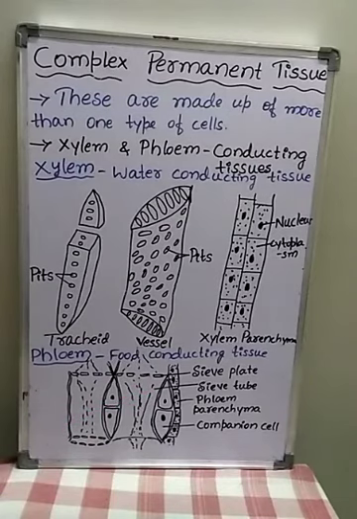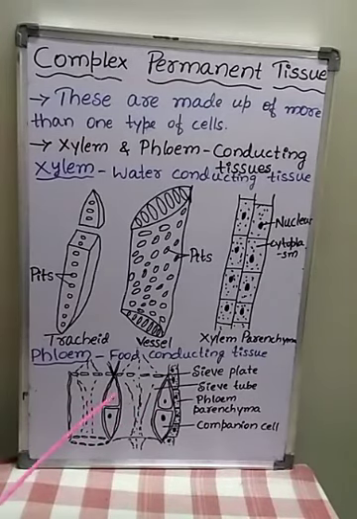It is living because the activities of the sieve tube or sieve cell are controlled by the nucleus of the companion cell.